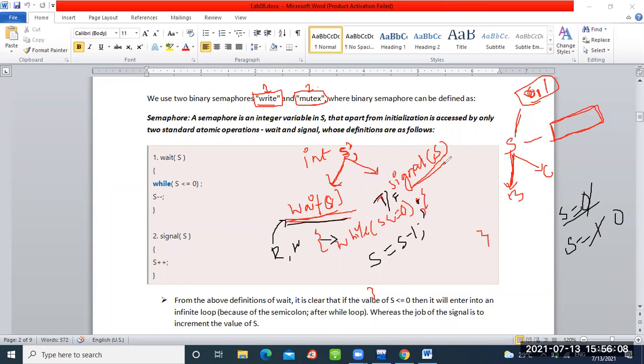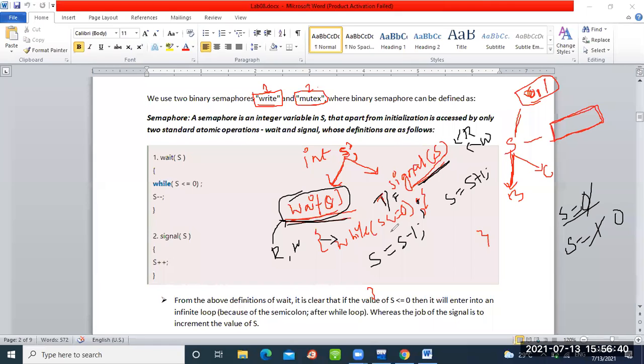Okay, now what will signal of s do? Whenever you call signal of s, whether the reader calls it or the writer calls it, I will simply increment the value of s to s plus 1. You only have to remember these two things. What will the wait function do? First it will check the condition, while s is less than or equal to 0.